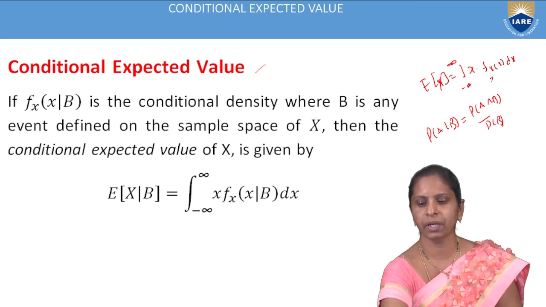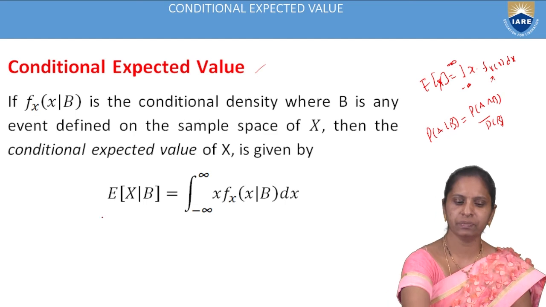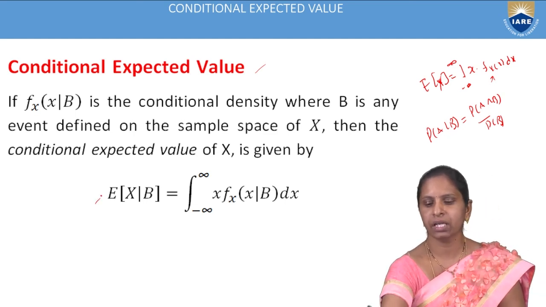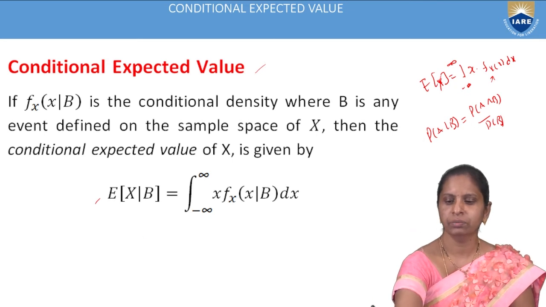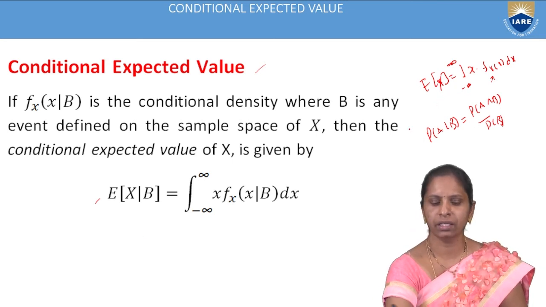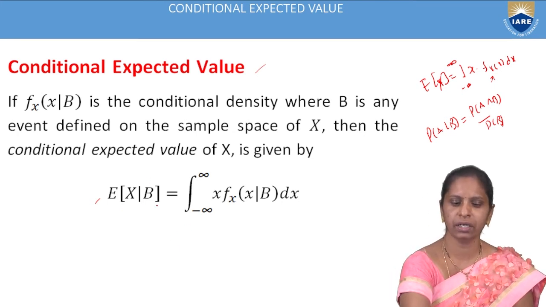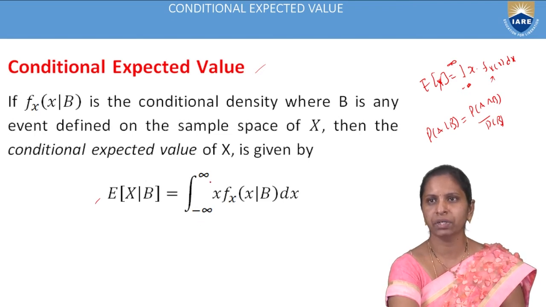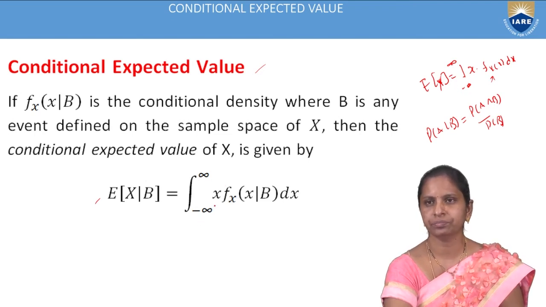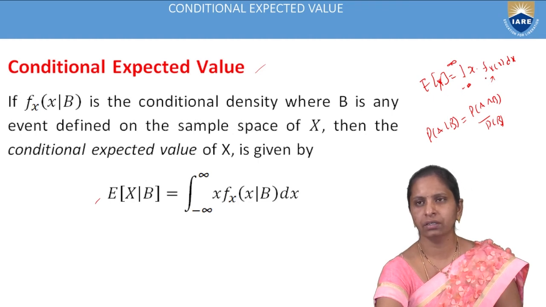The same thing you apply to the density function and expectation also. So when I give the condition, it is called a conditional probability. The same thing here for x, if I give the condition, then it is called conditional expectation. The condition given is b. Then integration from minus infinity to infinity x into, for E of x, you write the density function f x of x.